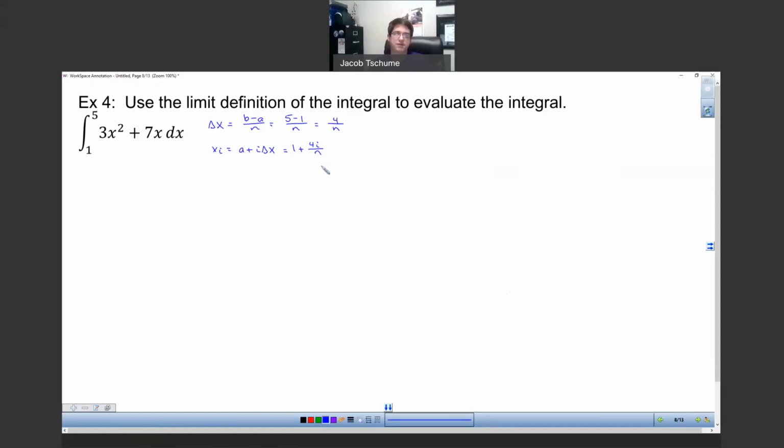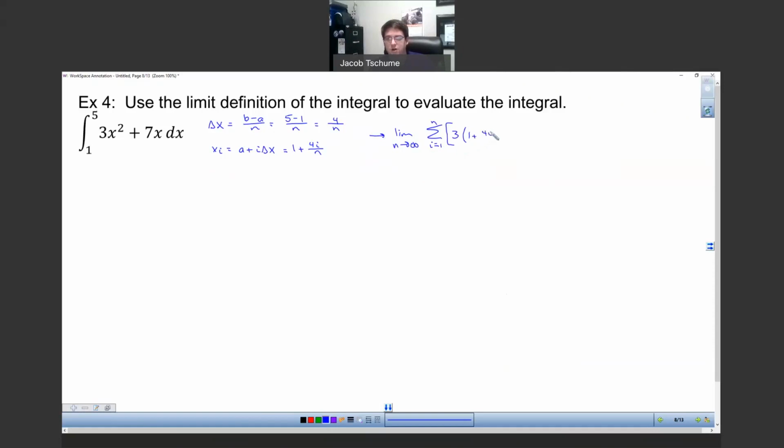Taking those 2 bits of information, let's rewrite our area formula. So this would be equal to the limit as n goes to infinity of the summation from i equals 1 to n. I'm going to take my original function and replace those x's with x sub i.